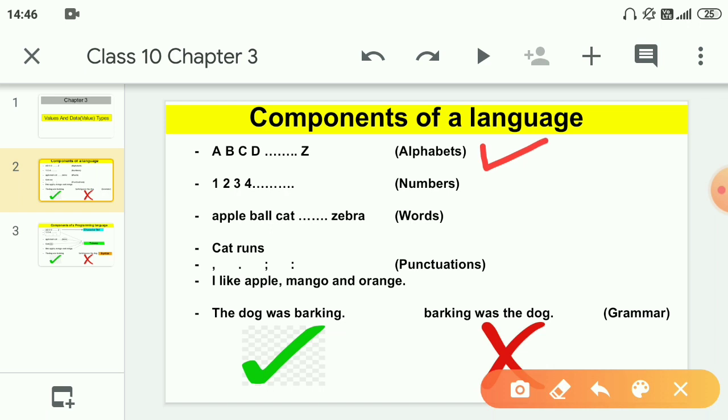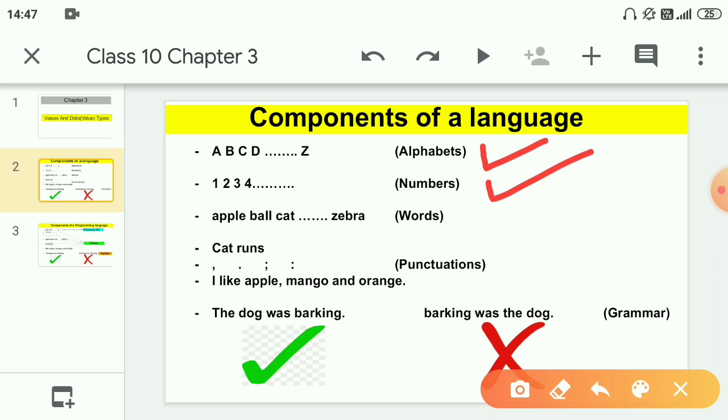You start by learning the alphabets A, B, C, D, E, F, G, H up till Z, right? You learn all the alphabets. Then you learn the numbers. What are the numbers? 1, 2, 3, 4, 5, 6, and so on.